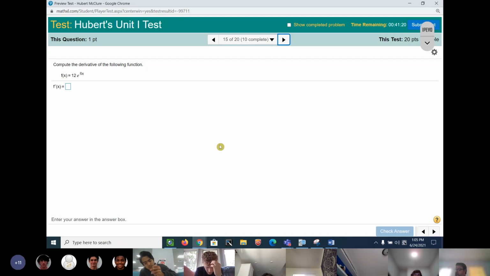In fact, let's do 2. Let's do f of x is equal to 12e to the 6x. And over here, f of x is equal to, I'll just make one up, 10e to the negative 4x.